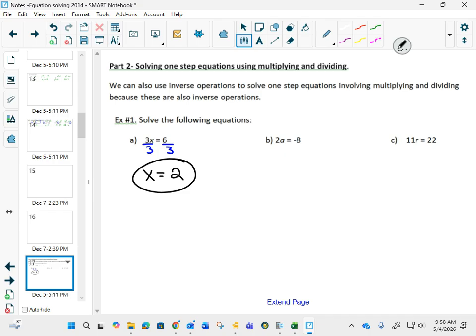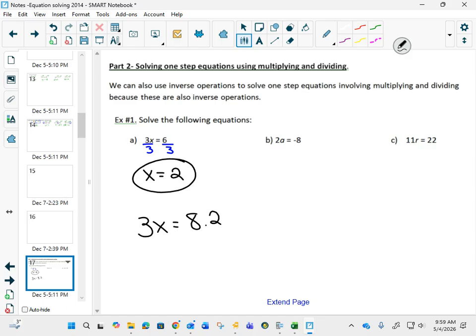Of course, I could do this same question now in one that you wouldn't be able to do nicely in your head. 3 times x equals, and instead of putting 6 there, I'm going to put 8.2. Now, can you do this mental math? Probably not. So in the last one, you could just look at it and say, I know the answer is 2.